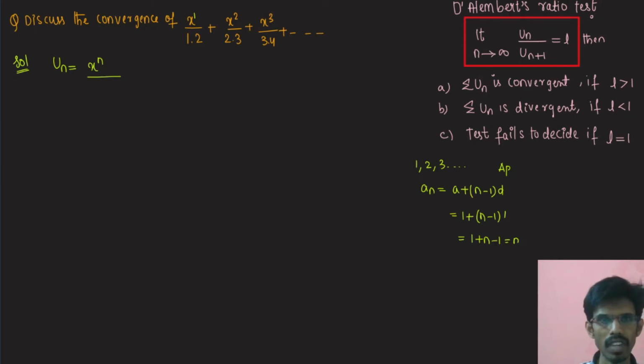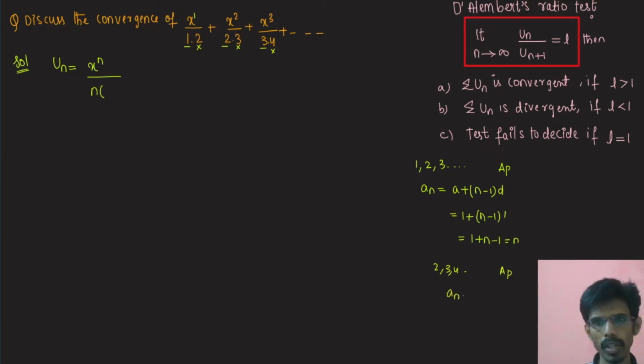Now in the denominator, we have first term 1, 2, 3. Again 1, 2, 3 are in AP, so the general term for the first is n. Next we have 2, 3, 4, which are also in arithmetic progression.